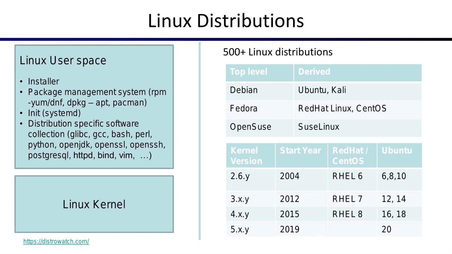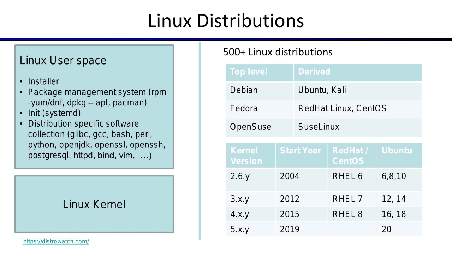So when you hear, say, RHEL 6 or CentOS 6, you're really talking about the kernel version that is 2.6 series. And Ubuntu was packaging the 2.6 kernel in their 6, 8, and 10 versions.